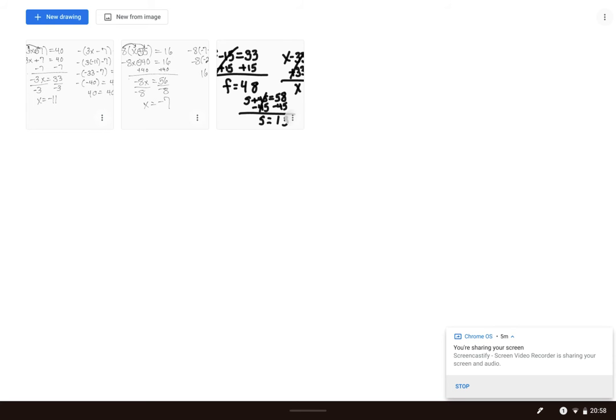All right, and we will do one last example just so you can see it in another way. Okay, this one is going to be 8x minus 2x minus 5 equals 23. So, again, I need to distribute that negative to everything inside the parentheses.